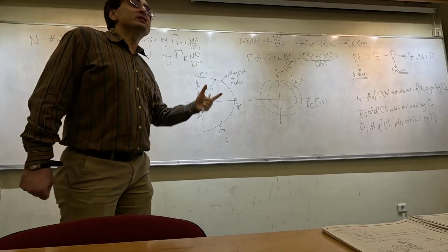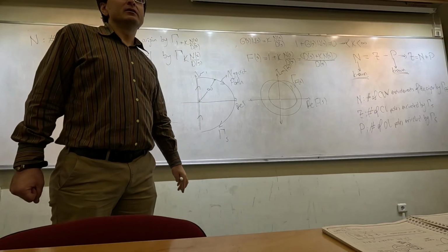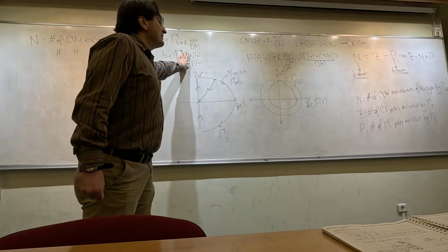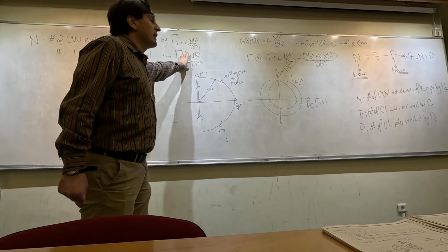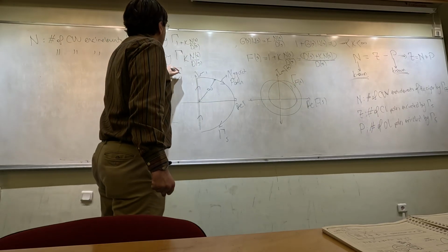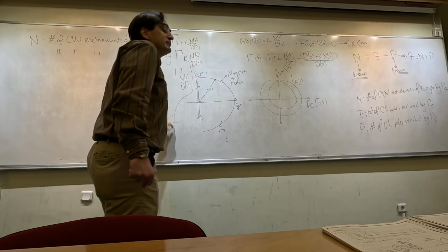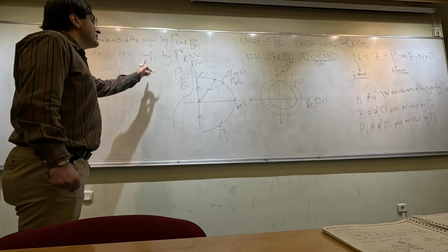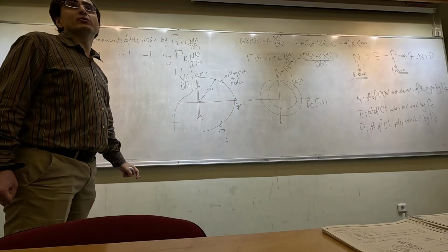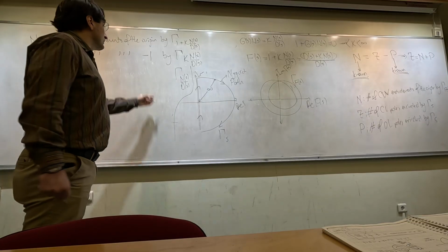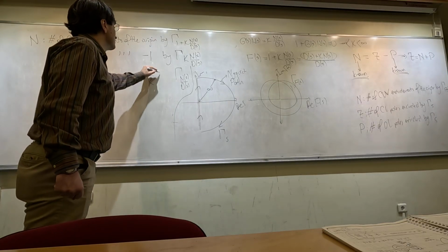So now I want to get rid of even k here. So what happens if I remove this k here? If I draw here only gamma n of s divided by d of s, then where should I check the number of encirclements of? Minus 1 over k.